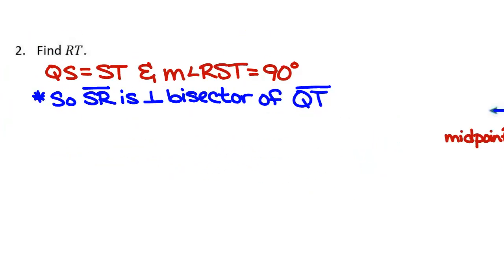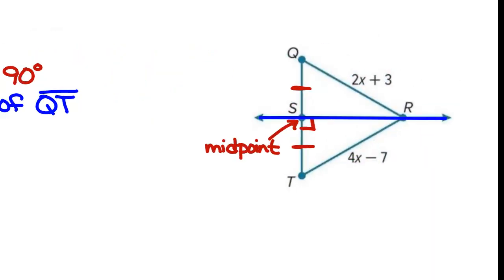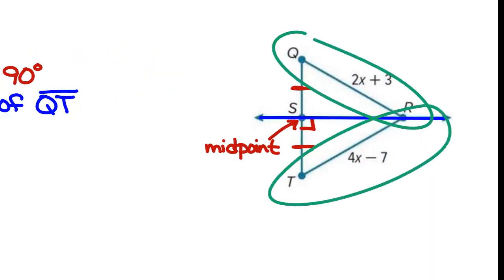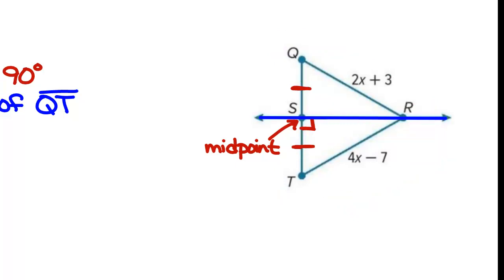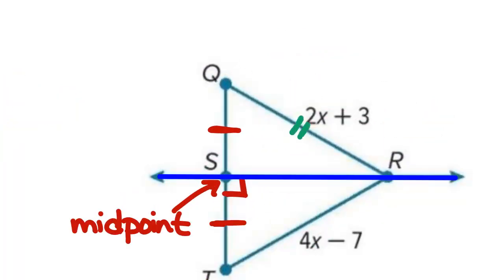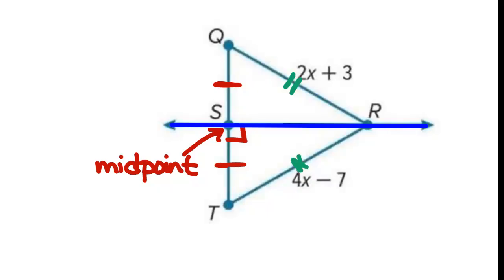Because SR is the perpendicular bisector of QT, what do we know about QR and TR? They're congruent. QR is congruent to TR.